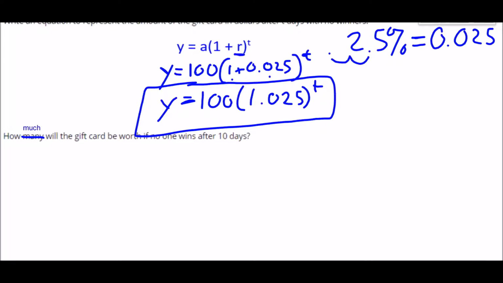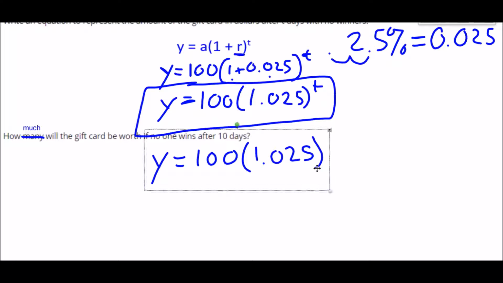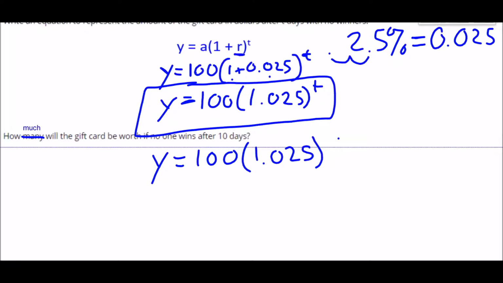Well, with our written equation, y equals 100 times 1.025 to the t power, all we have to do is take the 10 days, which represents our time, and plug it in for t.